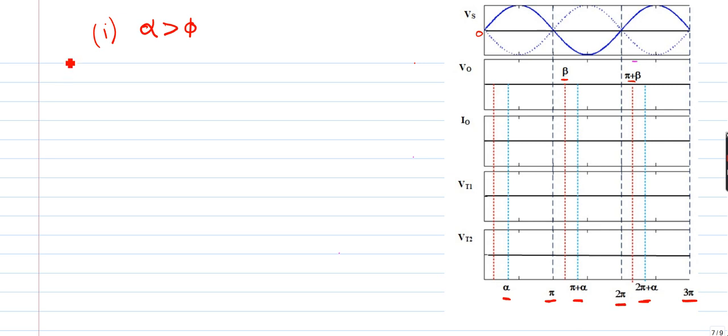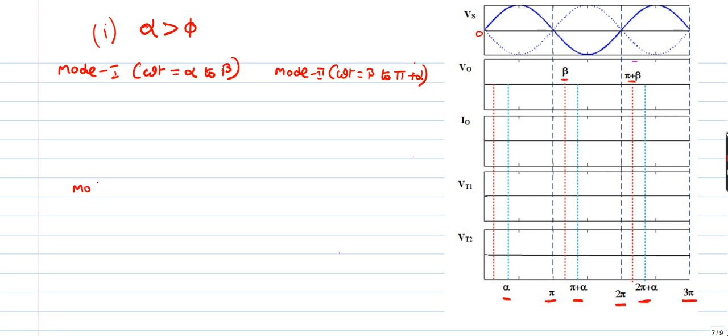So mode 1 can be started from alpha for simple understanding. Alpha to beta, triggering instant to extinction instant, and mode 2 can be from extinction instant to the next triggering instant, beta to pi plus alpha.